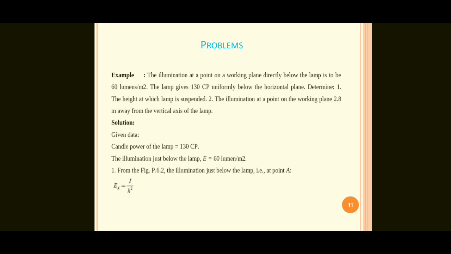And second, the illumination at a point on the working plane 2.8 meter away from the vertical axis of the lamp.